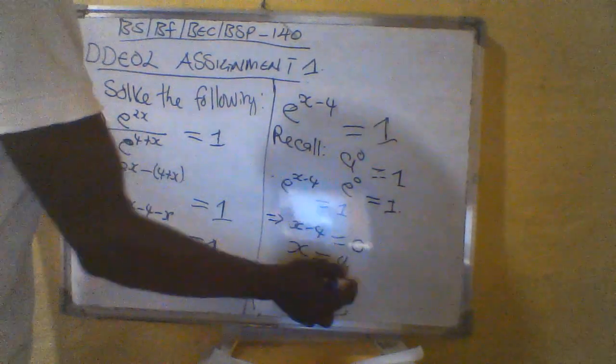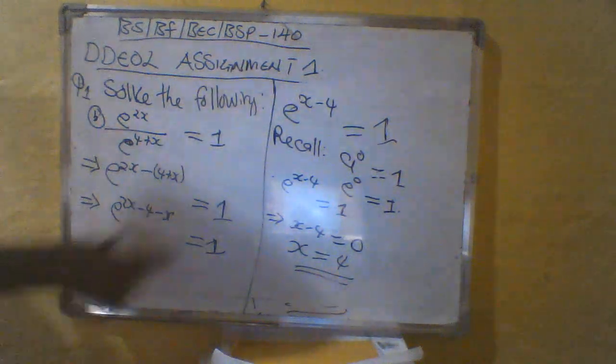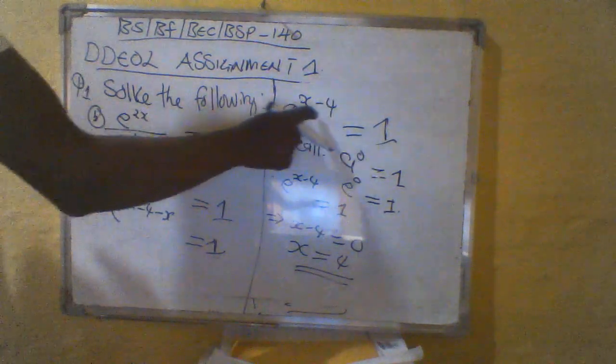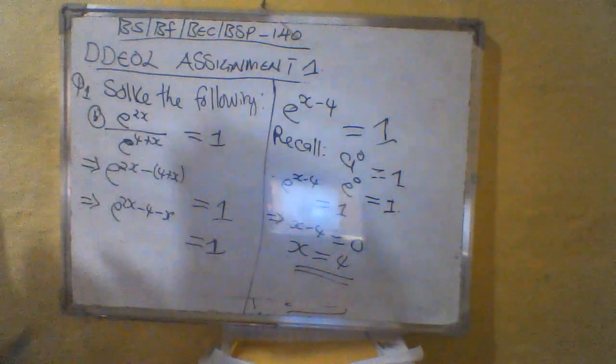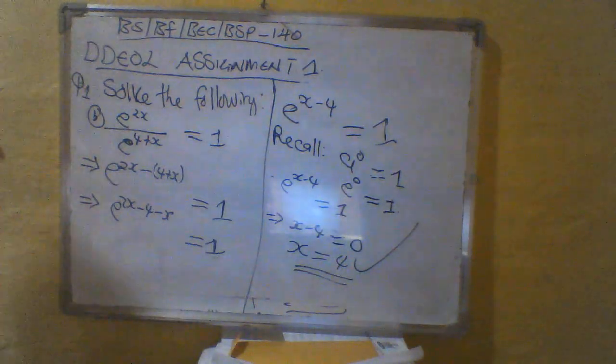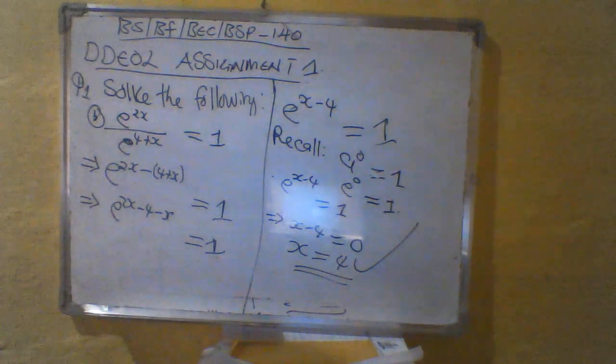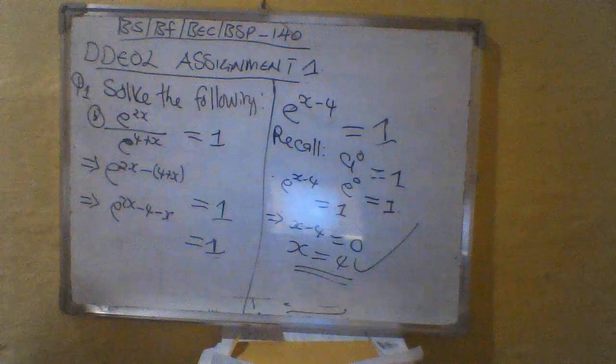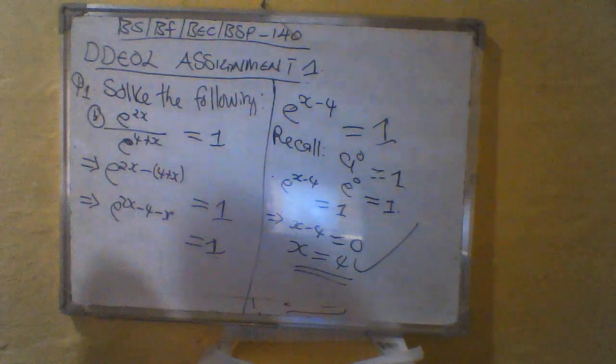So if x minus 4 is equal to 0, the power is equal to 0, this will now be x should be equal to what? A positive 4. And we have solved. So the only way this whole net power can be 0 is when x is equal to 4. So e power 4 minus 4, which is 0, e power 0 will give us a 1. So this will be the value of x in this situation. So that's the first question in your assignment.